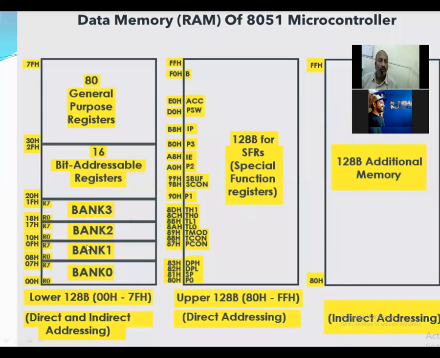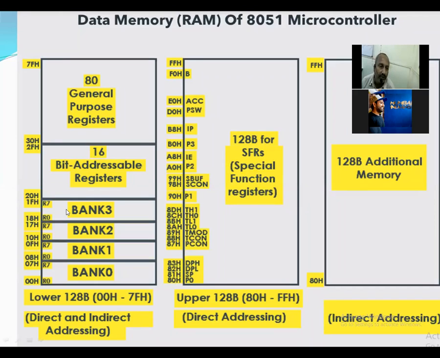Okay, so we were talking about these registers. My question was, if I want to get access to the R7 register of bank 3, what is the address of that?